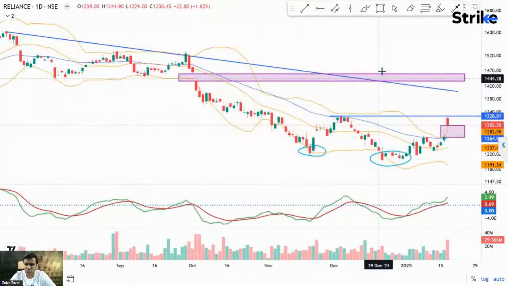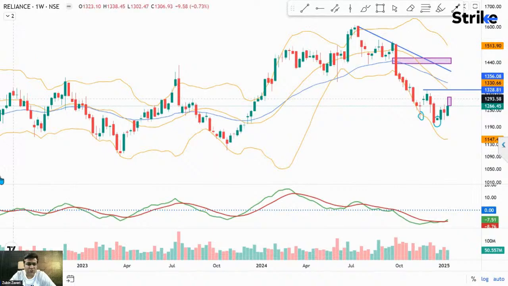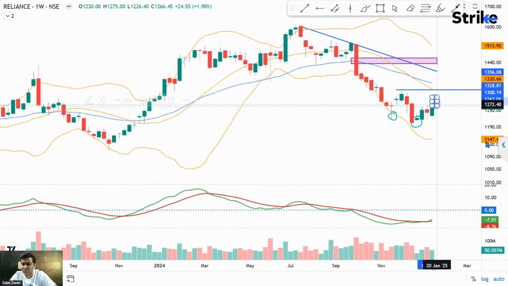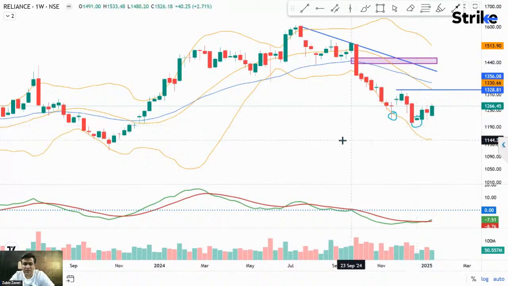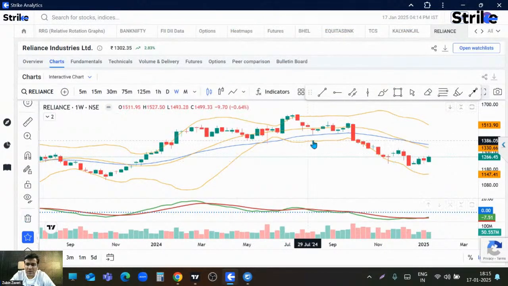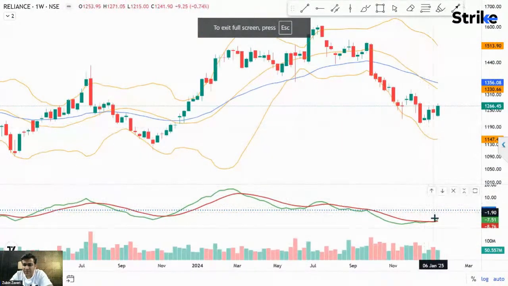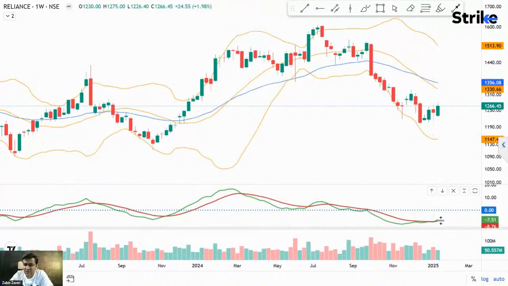now, let me look at the weekly chart also of Reliance. So on this particular weekly chart, let me just remove everything. On this weekly chart, RMI has given a bullish crossover this week.